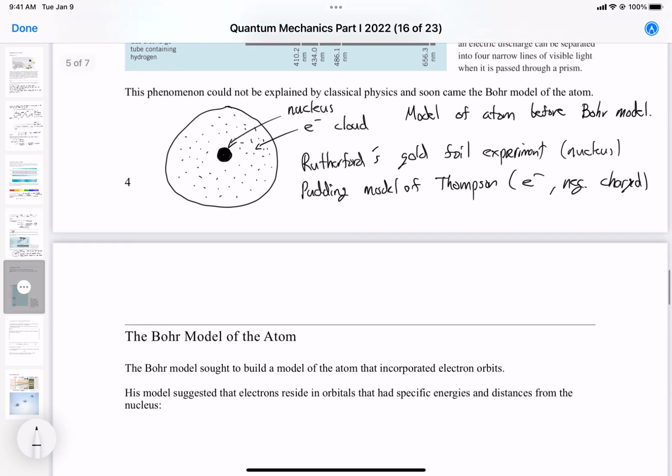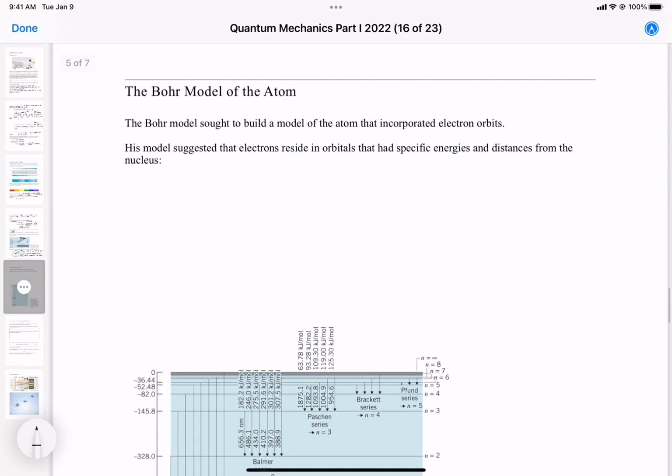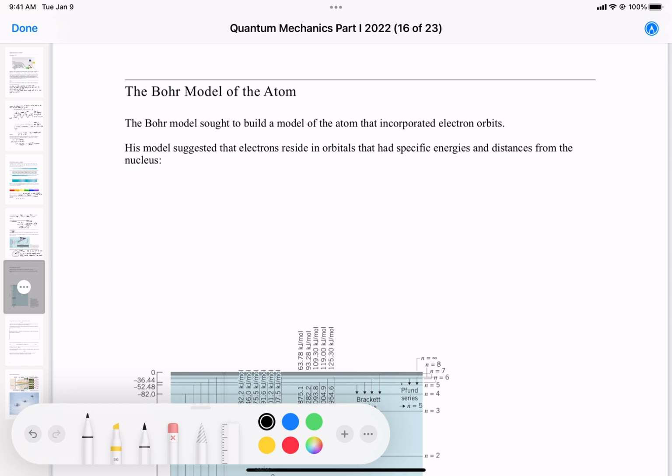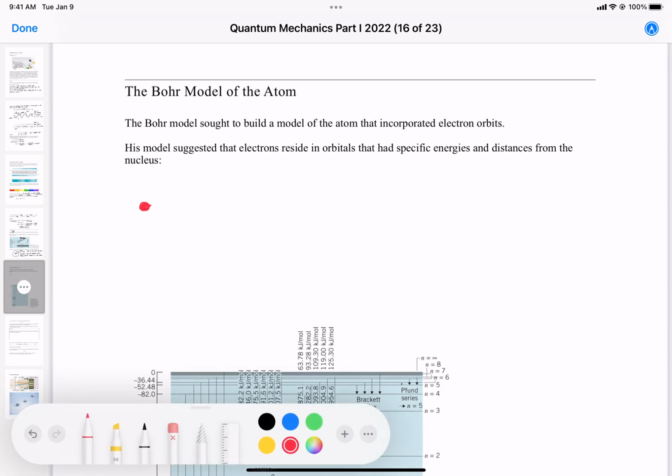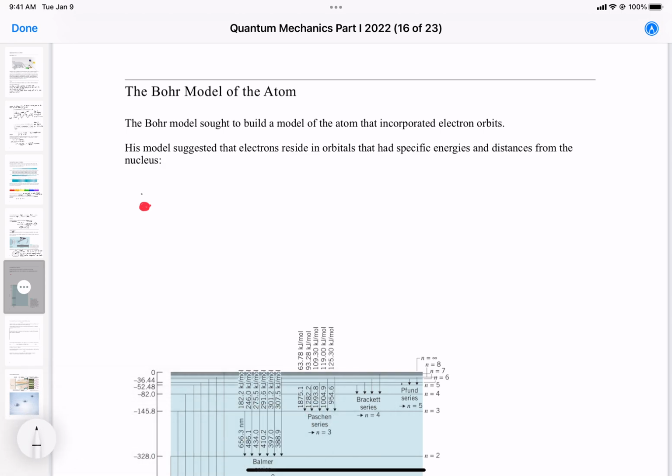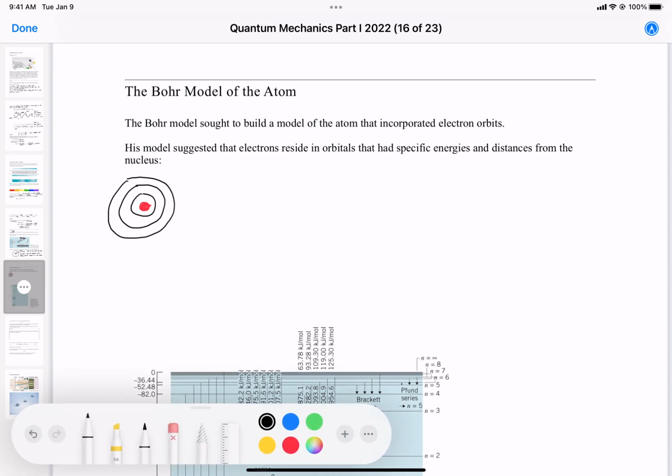So now Bohr's model is a little more. We kind of go a step further. So at the center of the Bohr model is the nucleus. Okay, and around the nucleus we have what we call energy levels, principal energy levels. So we have a level that's closest to the nucleus, a level that's outer, and then we keep going ever so closely.